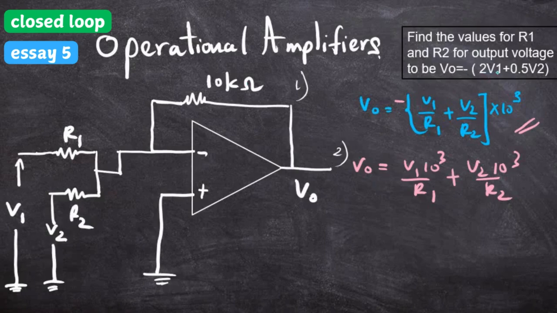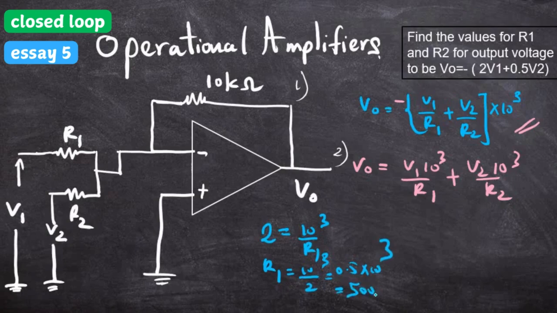The multiple of V1 is 2. So 2 equals 10 to the power 3 divided by R1. So R1 equals 10 to the power 3 divided by 2, which is 0.5 into 10 to the power 3. Basically it's 500 ohms. That's the first answer.